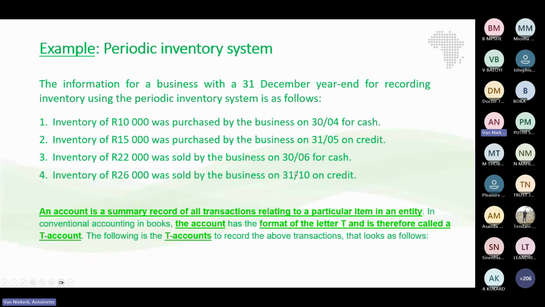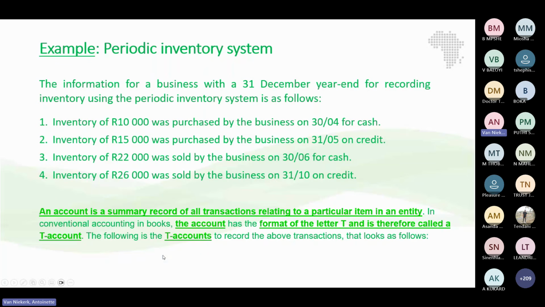Okay. Now, here's an example we are going to look at. I'm not going to read through each transaction. We are going to deal with it as we go through it. Just a note, an account is a summary record of all transactions relating to a particular item in an entity.